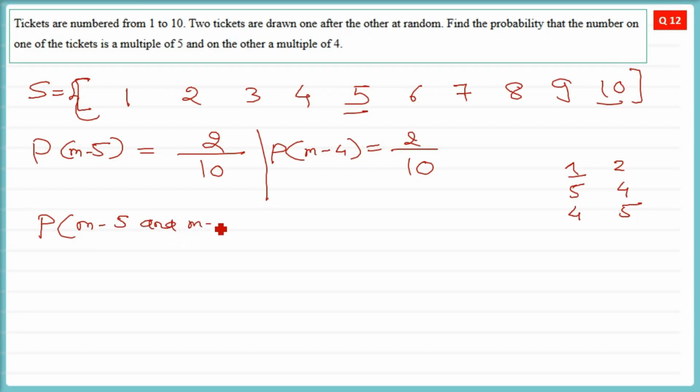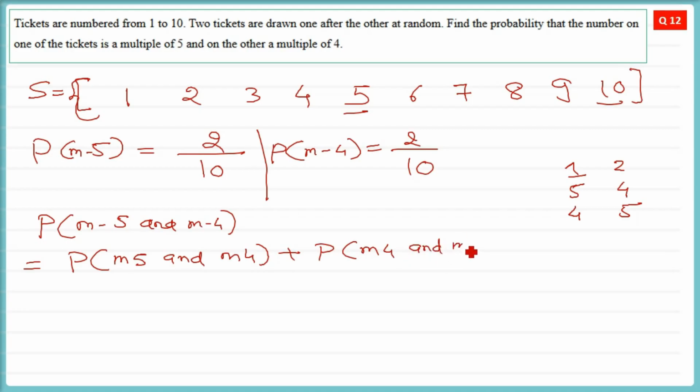So M5 and M4 probability of getting these two can be achieved in two ways. First you get the ticket which is a multiple of 5 and then a ticket which is a multiple of 4, or you get the first as a multiple of 4 followed by the ticket which is a multiple of 5. So we can write it as PM5 multiplied by PM4 because these two are independent events.